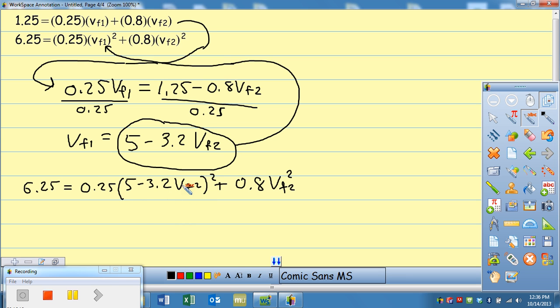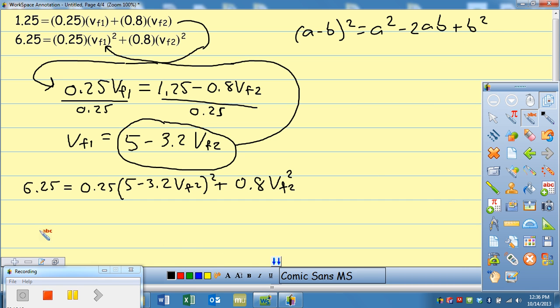This is going to be a plus b squared is a squared plus 2ab plus b squared, or a minus b squared is a squared minus 2ab plus b squared.